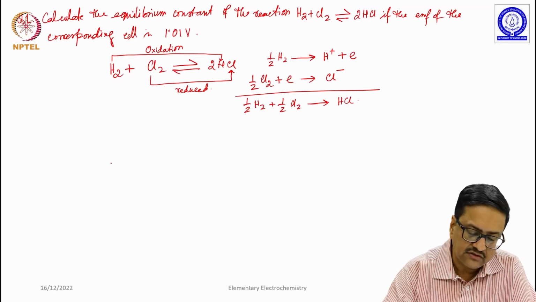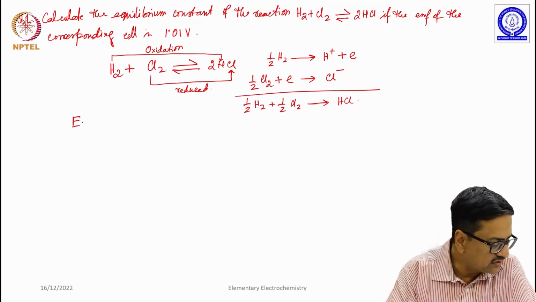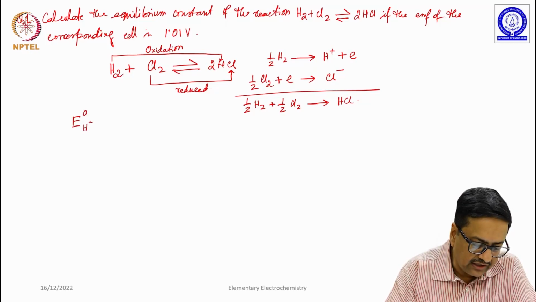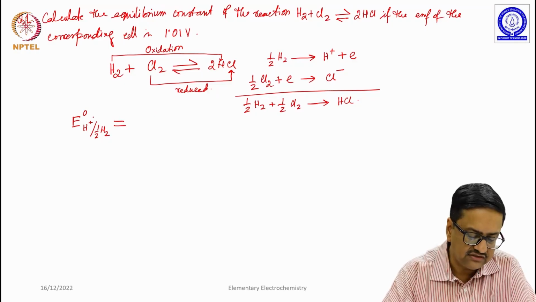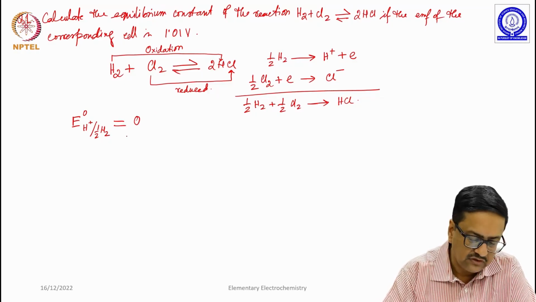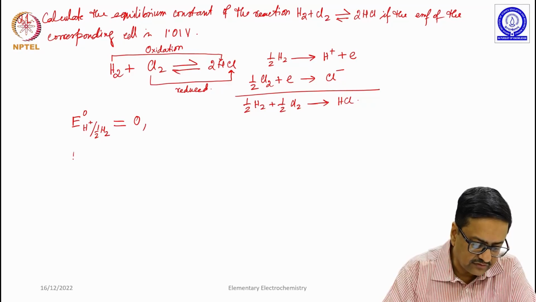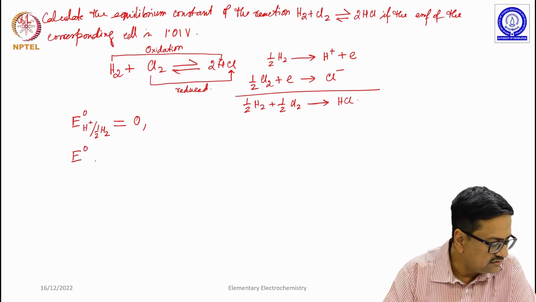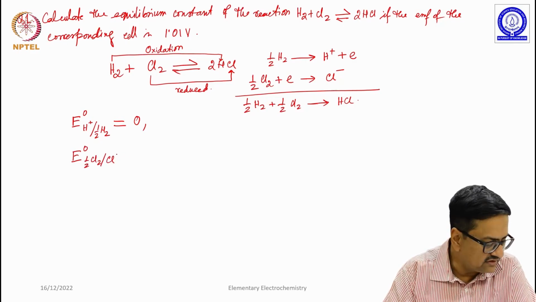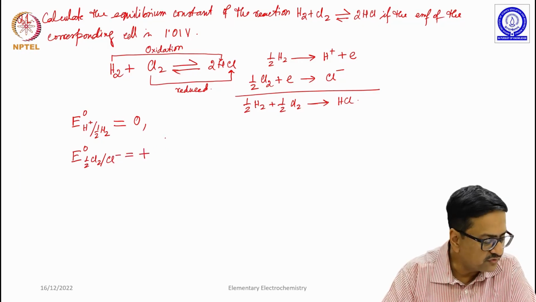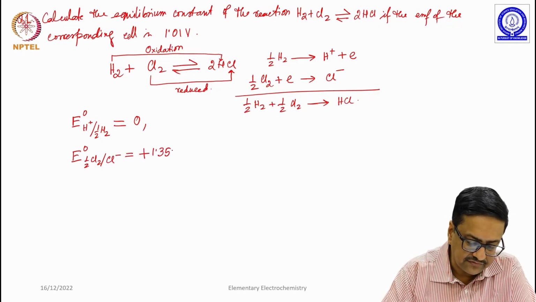Right? Now we have two electrodes here. One is the H plus, half H2 electrode. By convention, we assume this potential to be equal to 0. The other electrode, E0 of half Cl2, Cl minus, is taken from the literature, from a textbook, as 1.35 volt.